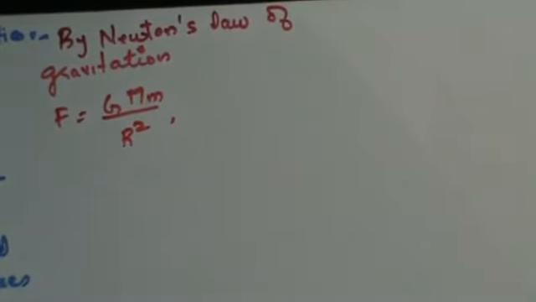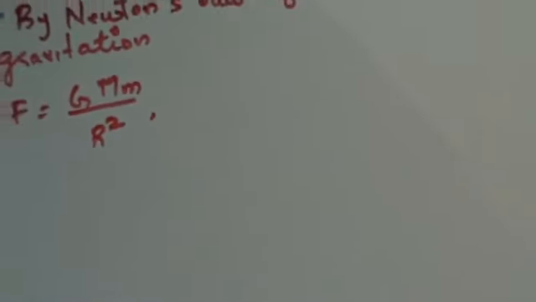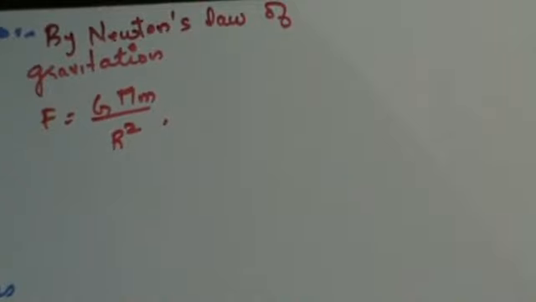G is the universal constant of gravity. M and m are the mass of the Earth and the mass of the object. R is the distance between the center of the Earth and the object.